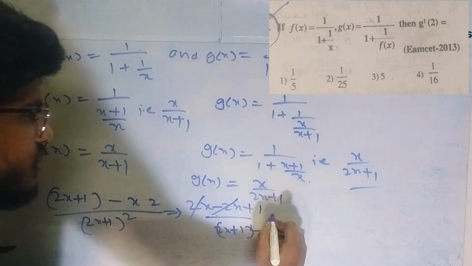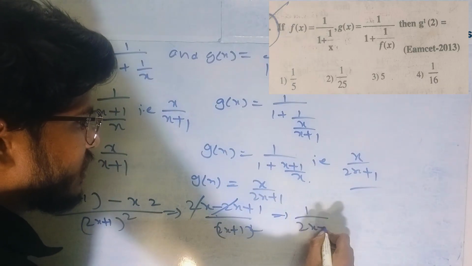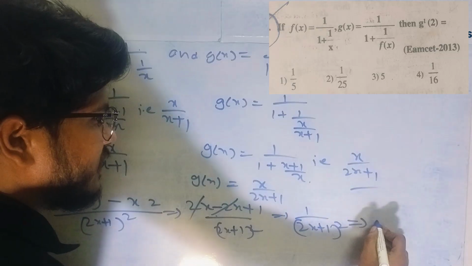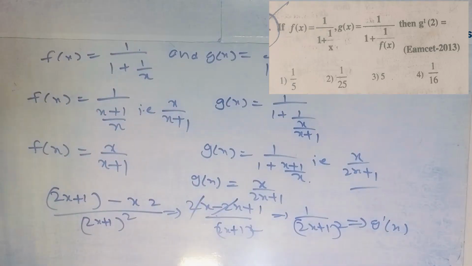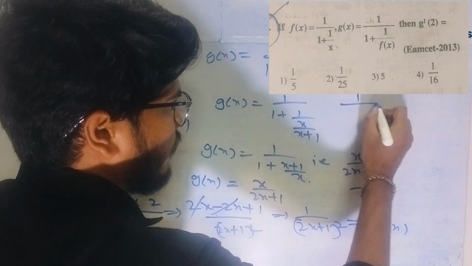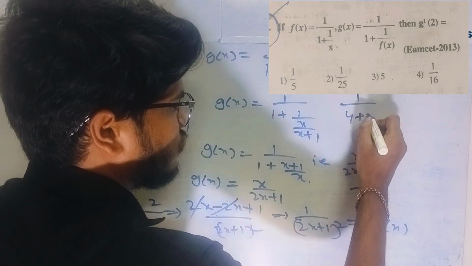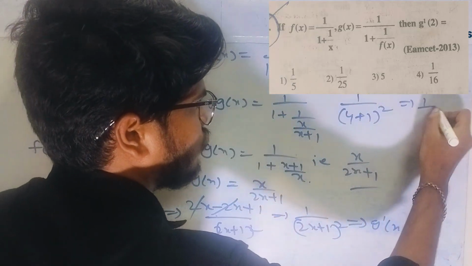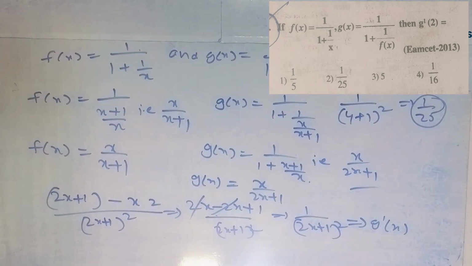Here 2x is cancelled, leaving 1 by 2x plus 1 whole square. This is my g dash of x. Now we substitute x equal to 2. That is 1 by 2 times 2 is 4, plus 1 whole square, that is 1 by 25. This is our final answer.